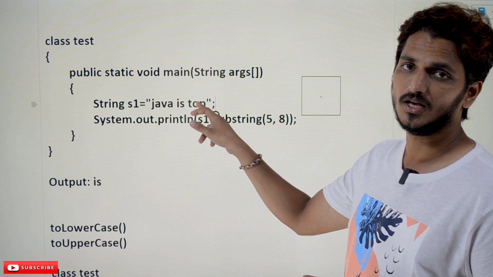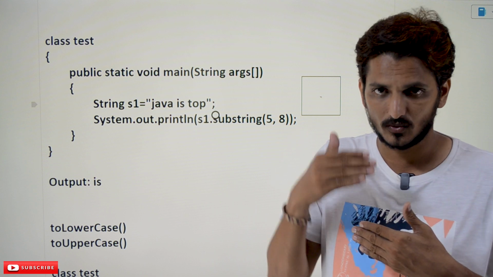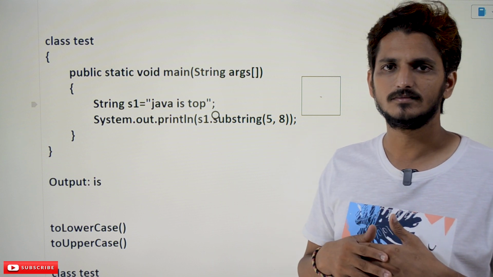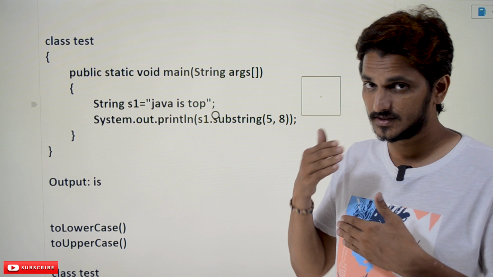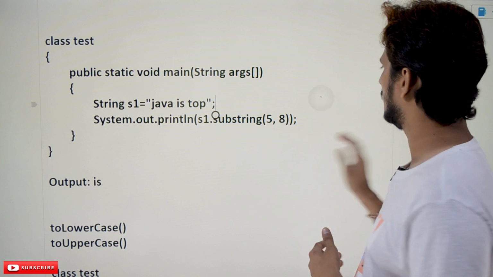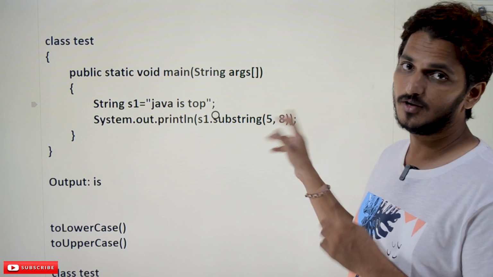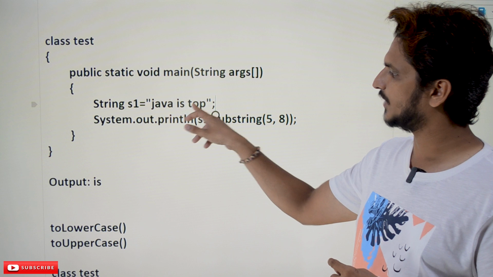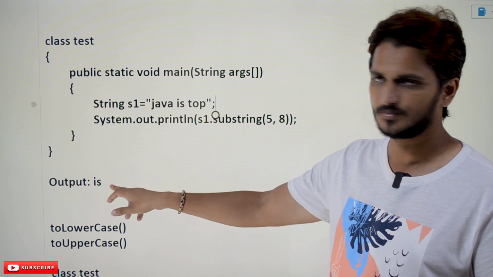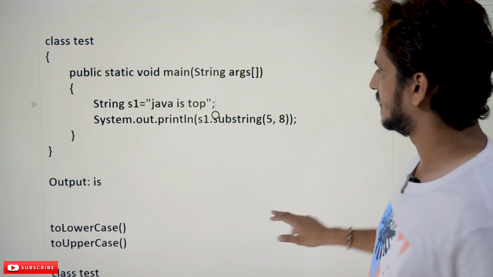Eighth position is T. Eighth position is not considered. 5, 6, 7 positions are only considered. So the character present in the eighth position is not considered. The last index is not going to be considered. So 5 to 7 is space. Our output is space. Space is not visible here, so that's why it's not visible.